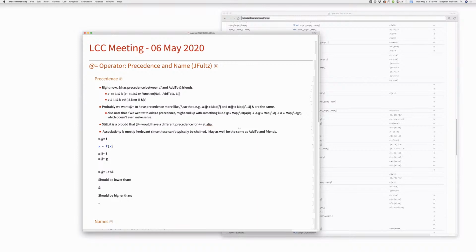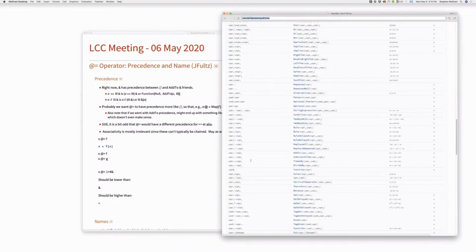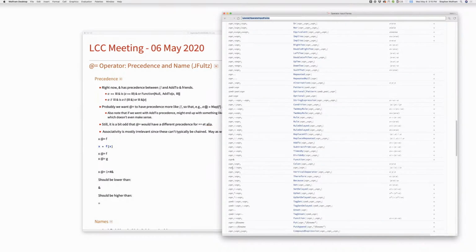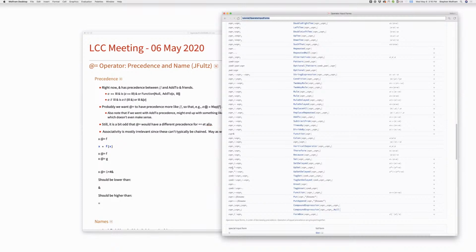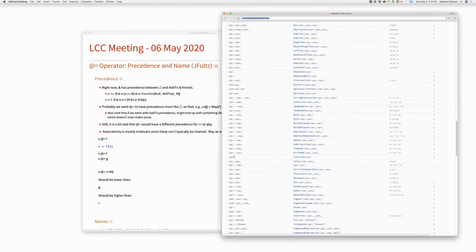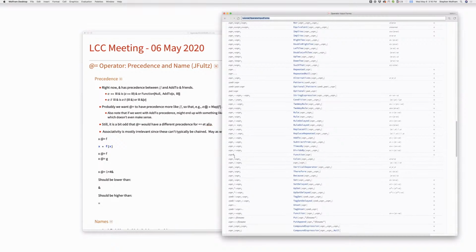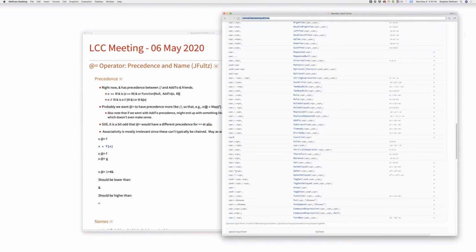Let's see where that brackets us here. Are we already toast? Is equals higher than? No, equals is fourth from the bottom. Or sorry, Set is fourth from the bottom. So basically, if we're lower than ampersand and higher than equals, then we live in this zone here.